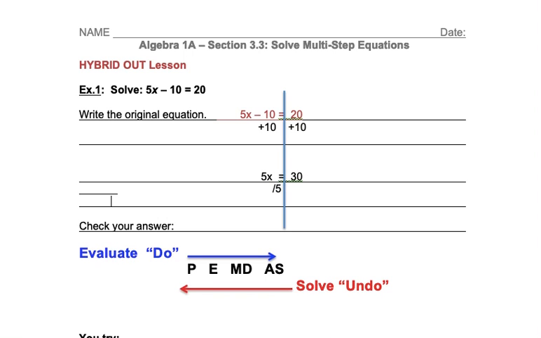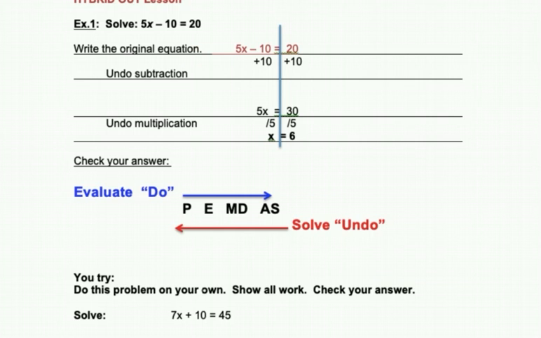On this side, 5x divided by 5, the 5s are going to cancel, and I'll get x. And on the other side, I'm going to have 30 divided by 5, which is 6. So I end up with x equals 6 as my solution.